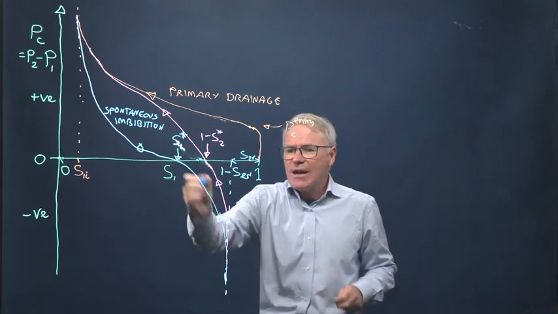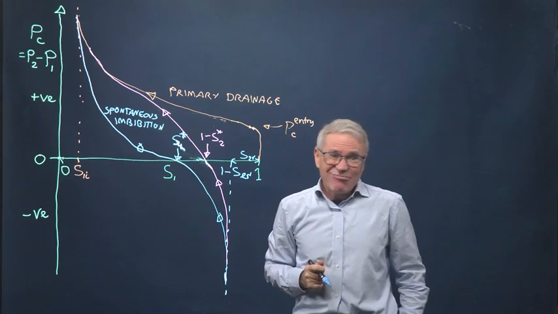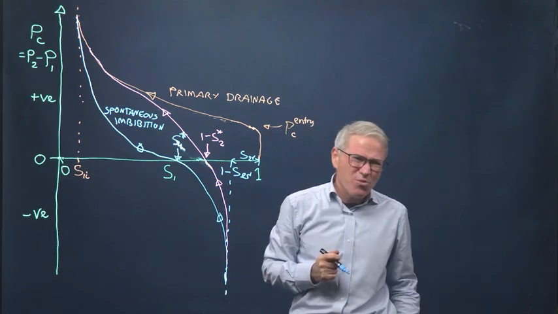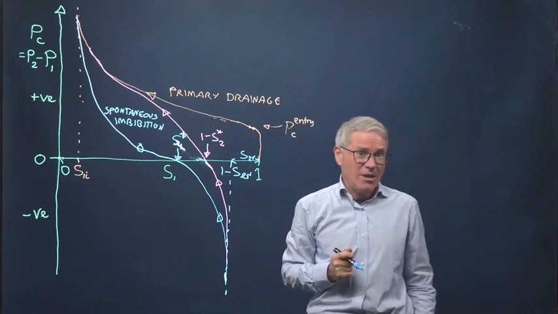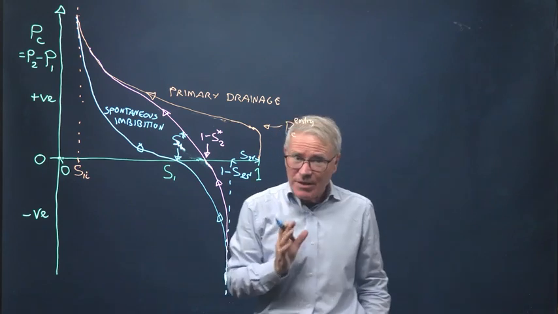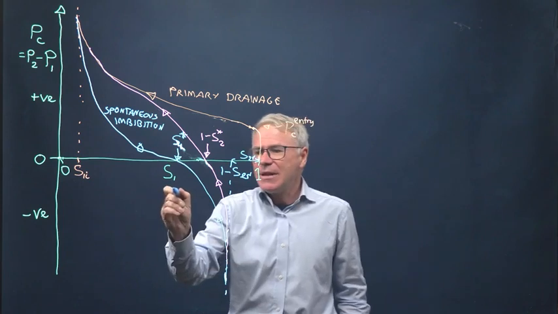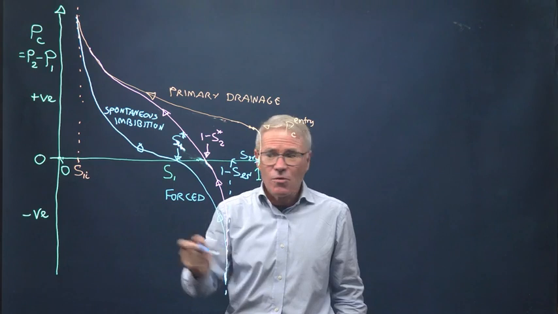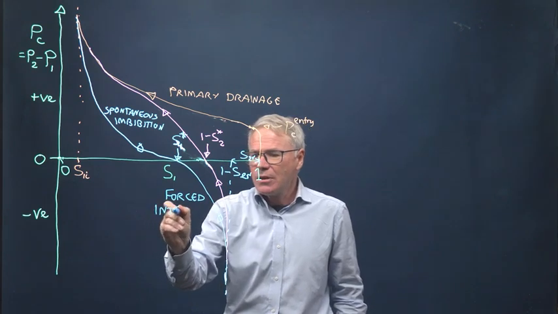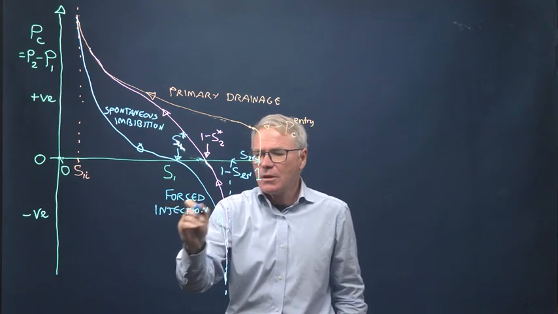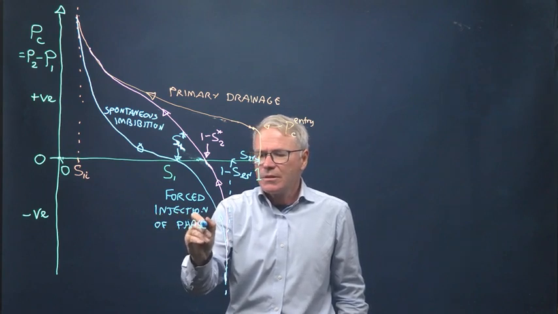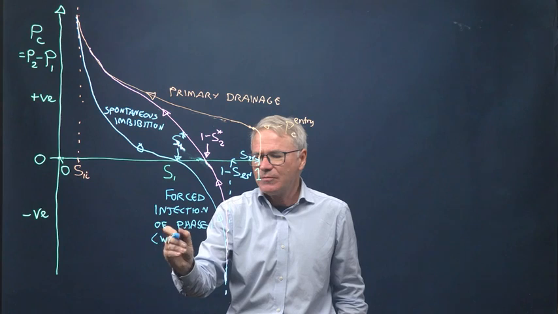So what do we call here? Well, technically it's a drainage process, but if you say it's drainage with water, people again are in a muddle. So let's call it something that is still correct. This is basically forced water flood, or forced injection of phase 1, which is normally water.